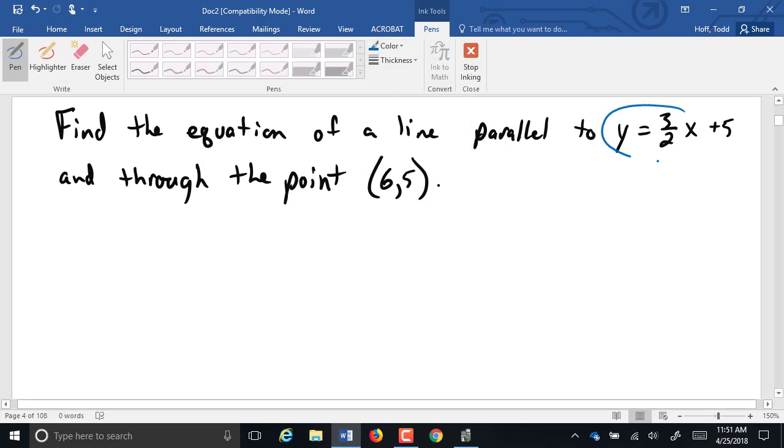So again, looking at this original equation, the only piece of information I need is the slope. That slope is 3/2.